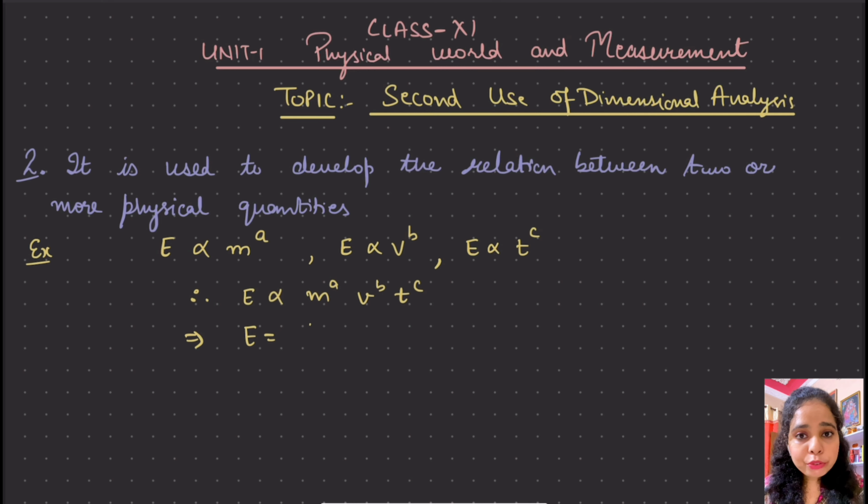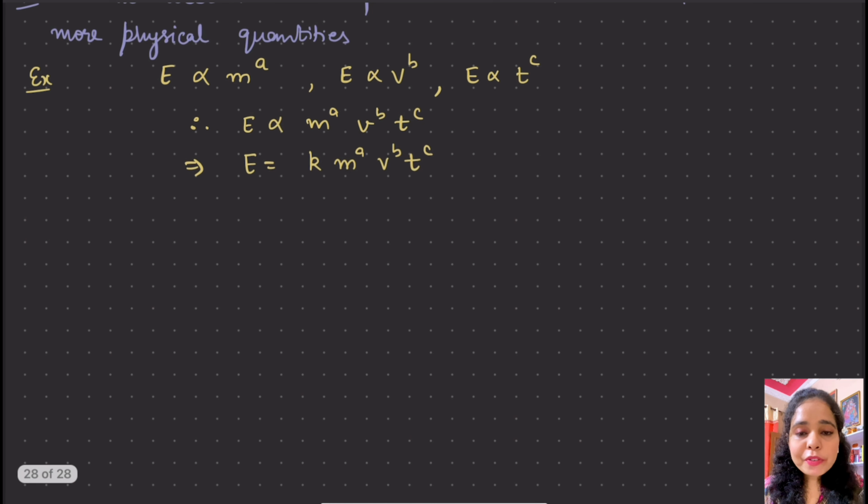We have to remove the sign of proportionality, and on removing it we can write E is equal to k m raised to power a, v raised to power b, t raised to power c. We will determine the values of a, b and c. By determining these values, we will be able to develop the formula for energy.